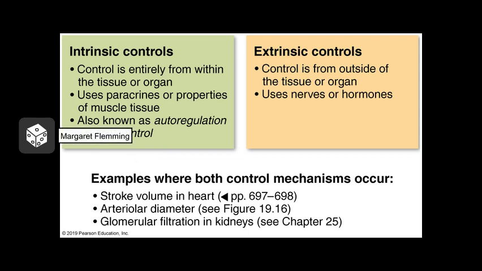Let's take a look at some of these intrinsic controls, starting with paracrines. Paracrines are secreted by one cell and will target nearby cells. So what triggers these to be released? An increase in metabolic processes in cells. So when cells work harder, they consume more oxygen, they produce more CO2 as a waste product.